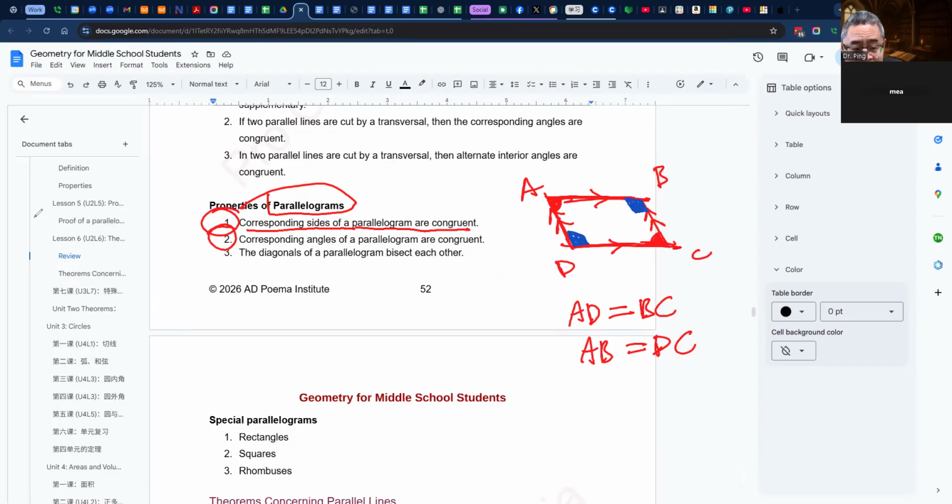If you have one diagonal going here and another going here, they bisect each other. That means this side is congruent to this side, and this side is congruent to this side. Okay, are we good? Very good.